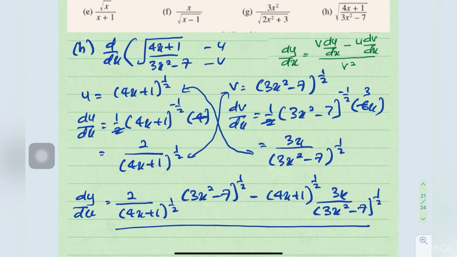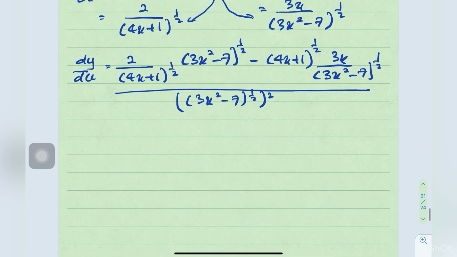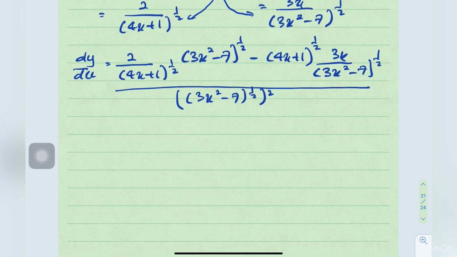Okay, so (3x squared minus 7) to the power of 1/2, squared. Okay, so quite complicated this one, so careful.